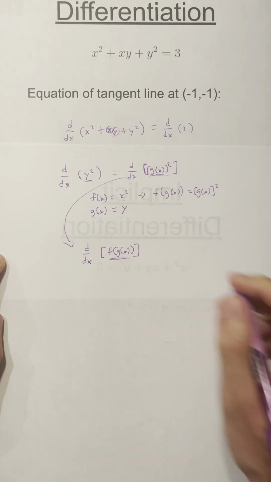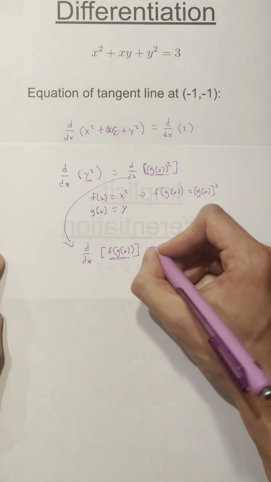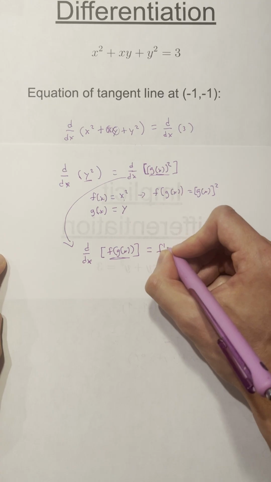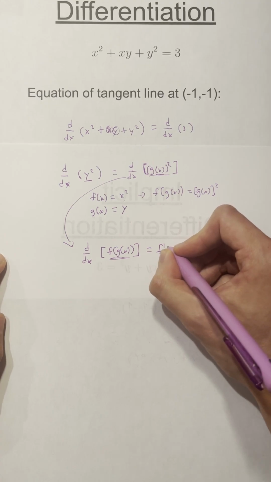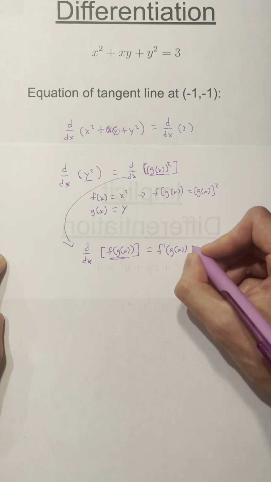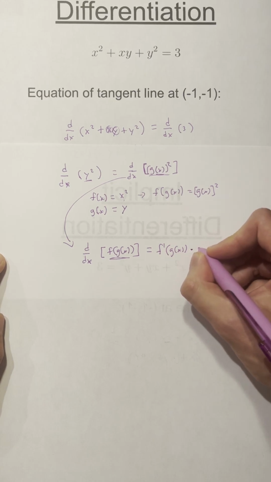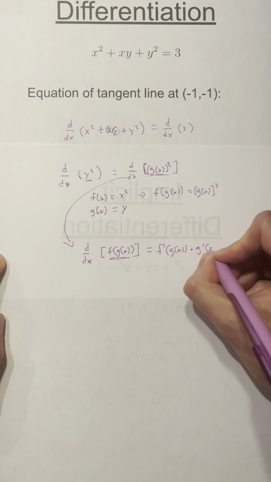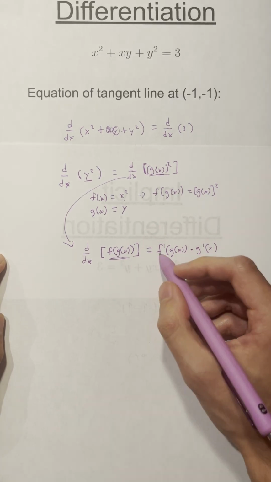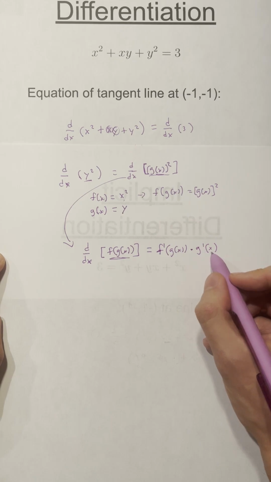What rule should we use here? We could use chain rule. So f prime of g of x times g prime of x. Okay, so derivative of outer times derivative of inner.